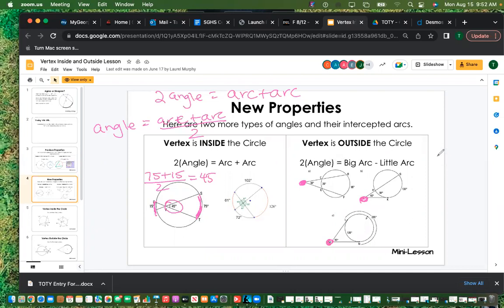The way I memorize this formula is I say big minus baby divided by 2. So what that means in my mind is the big arc minus the baby arc divided by 2 equals this angle.